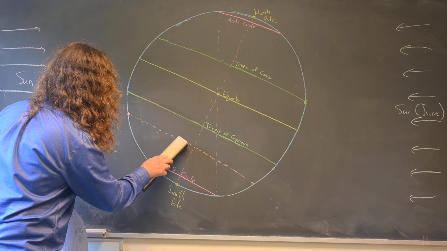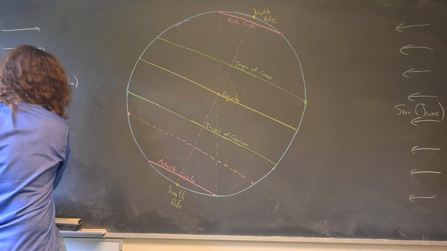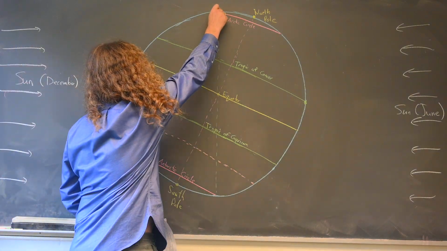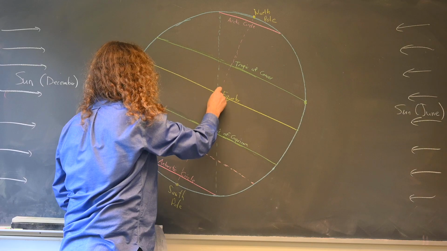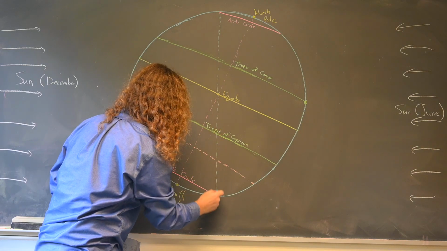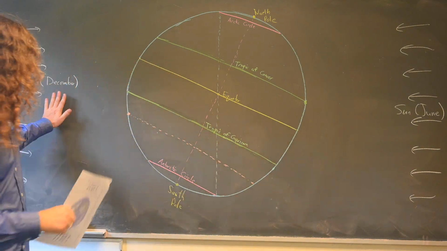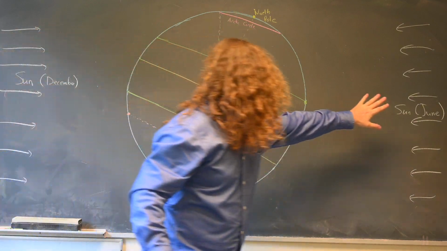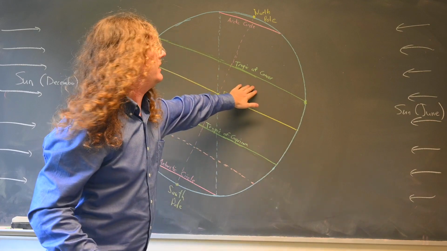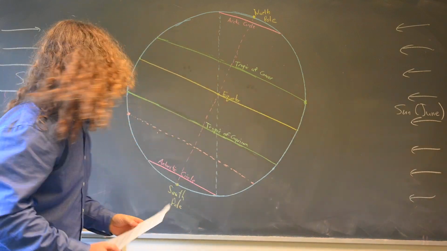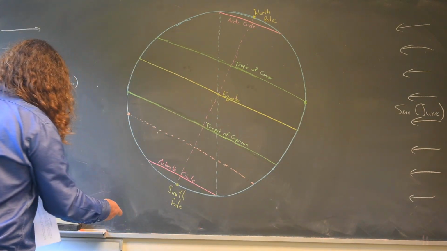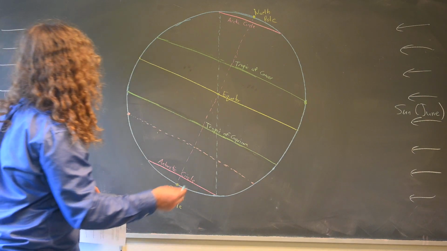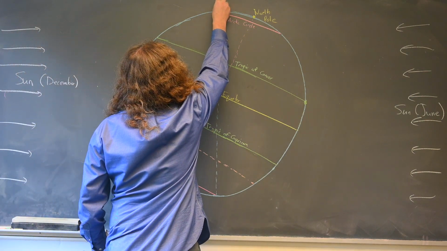So this blue dotted line here divides the night side and the day side of Earth. Now, in December, this side is daytime and this side is nighttime. In June, this side is daytime and that side is nighttime. So we're kind of cheating. We're doing both halves of the year in one diagram. So let's label this.